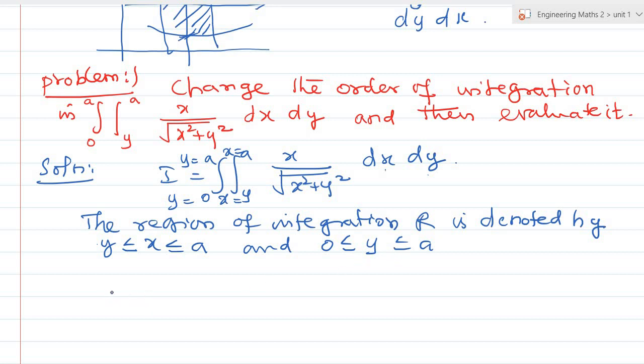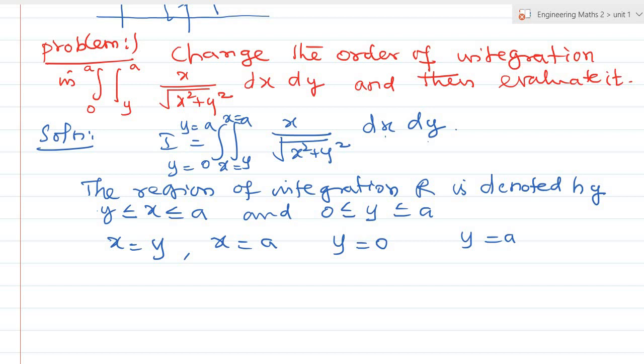Okay, that means it is bounded by the lines x equal to y, x equal to a, y equal to 0 and y equal to a. Is it?